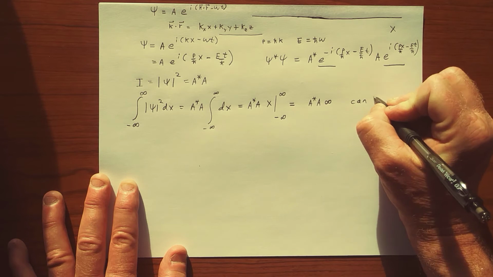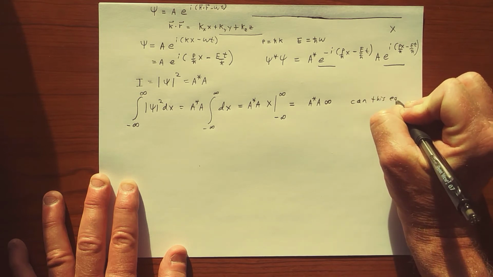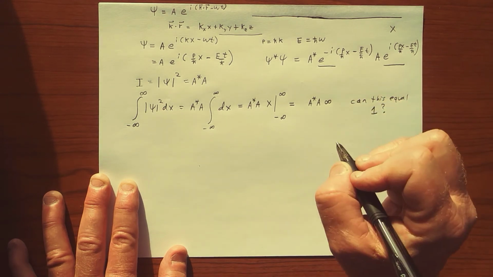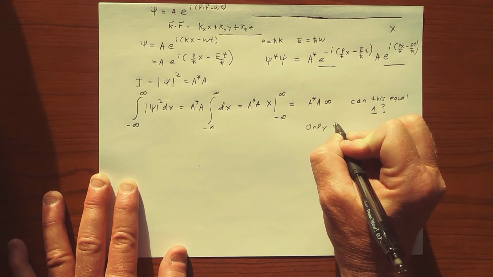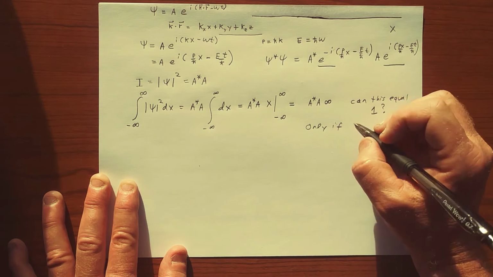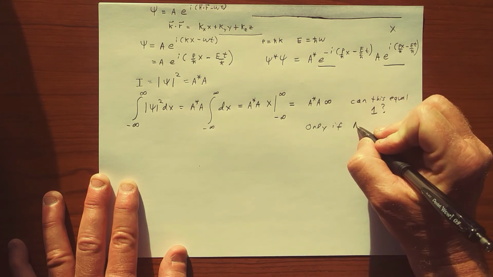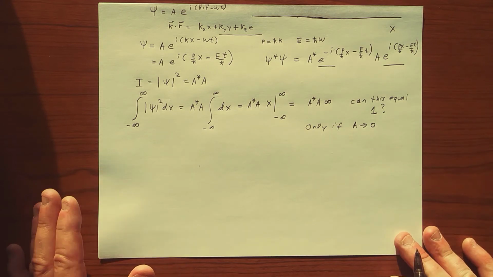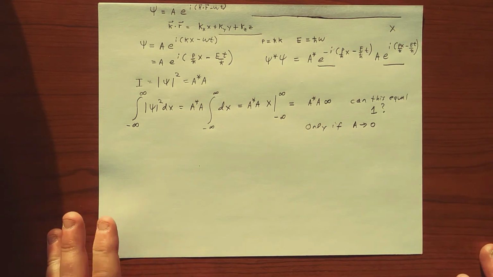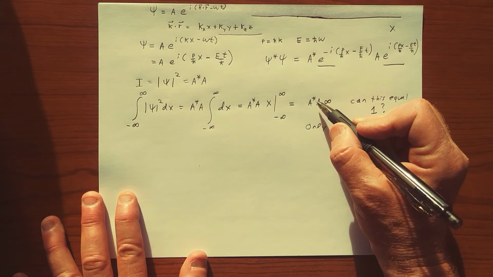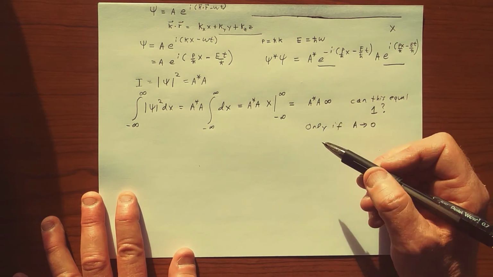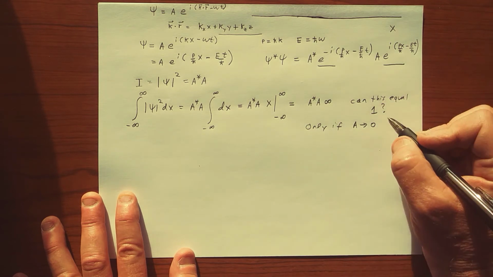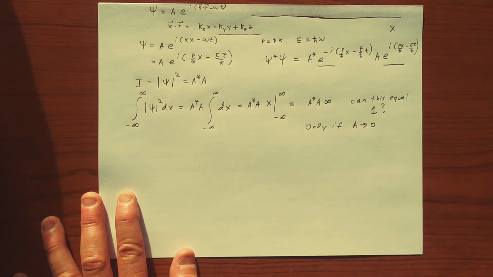So can this equal 1? And the answer is only if A goes to 0. But that means that A star A, the probability density, or the probability of finding the particle at one location, is essentially 0.